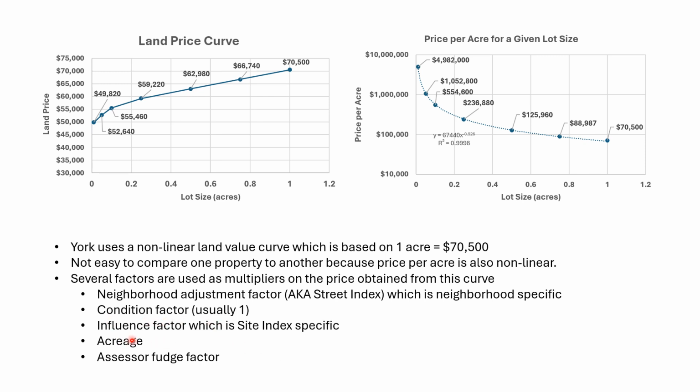There's an influence factor, which is site index specific, so depending on what site index your property is listed as, you will have a different factor to use. There's, of course, the acreage of your lot, and there's something I call the assessor fudge factor, which is after the whole calculation is done, the assessor reserves the right to adjust that in any way that he sees necessary.